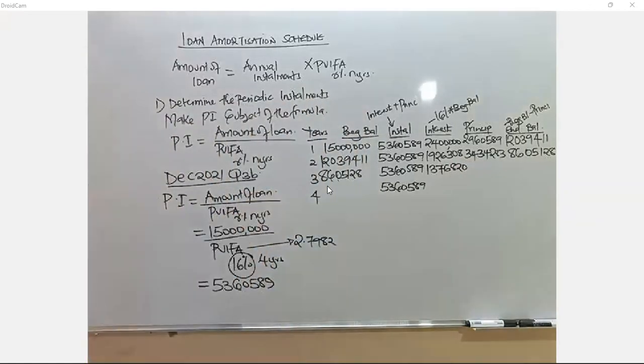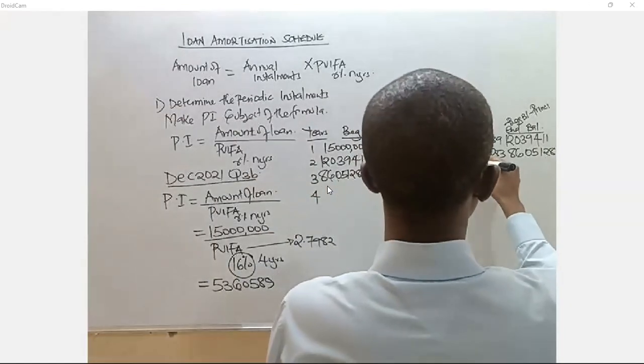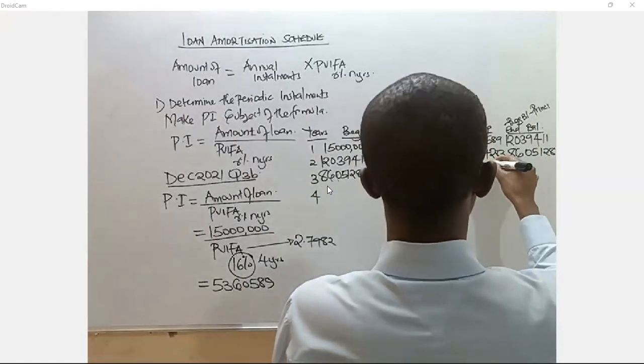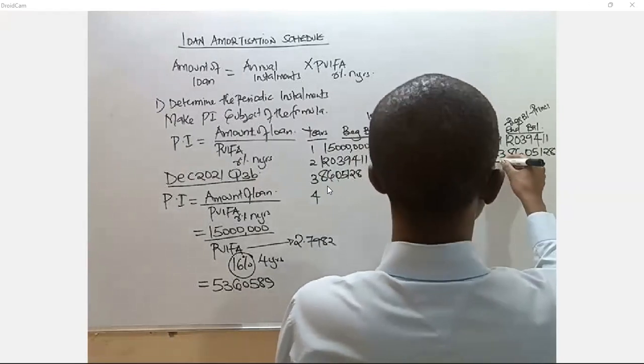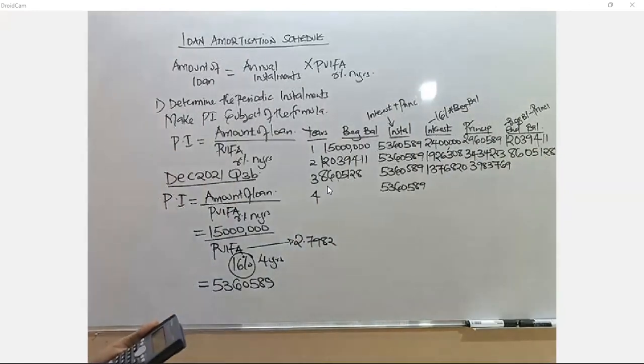Then let us take our principal. We take 5,360,589 minus my answer. We are getting 3,983,769. What is our end balance? 8,605,128 minus my answer.